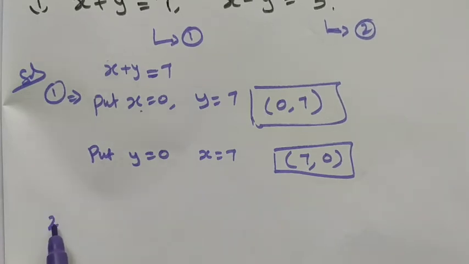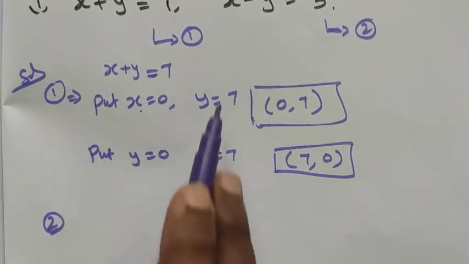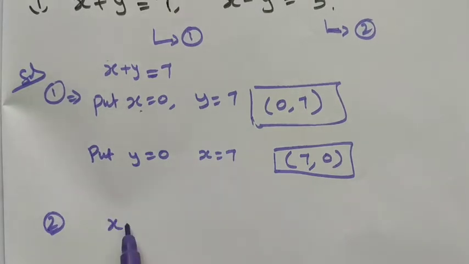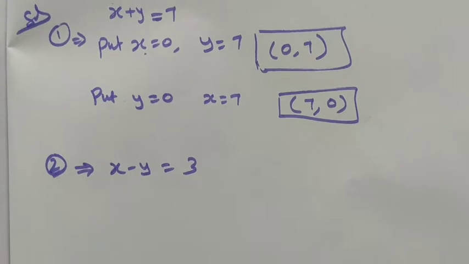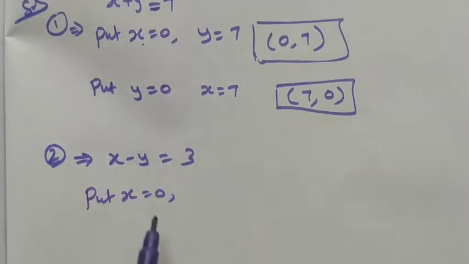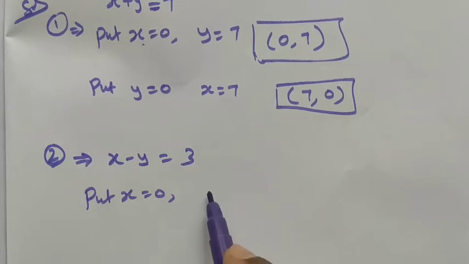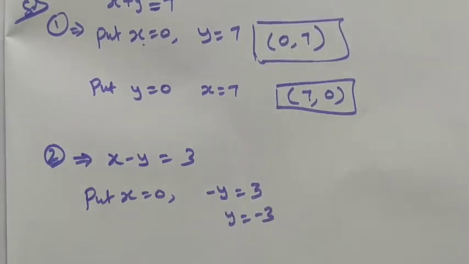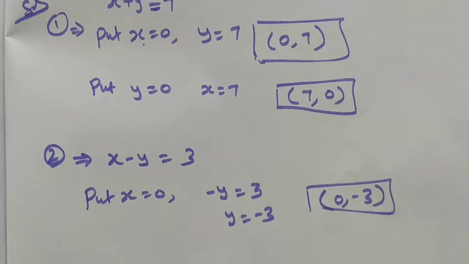Now we take the second equation. See equation number 2, we get x minus y is equal to 3. Here also we are using the same concept. Put x equal to 0. Here we put x equal to 0, means minus y is equal to 3, then y is equal to minus 3. Then the ordered pair is 0 comma minus 3. And then put y is equal to 0.